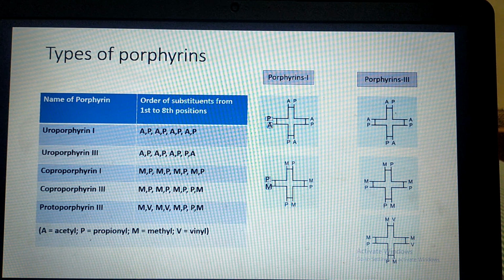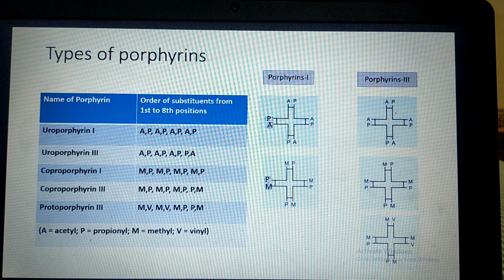In uroporphyrin 3 you will find the same substituent groups, acetyl and propionyl, but there is alteration at the 7th and 8th position. In uroporphyrin 3 you have propionyl group on the 7th position and acetyl group on the 8th position.